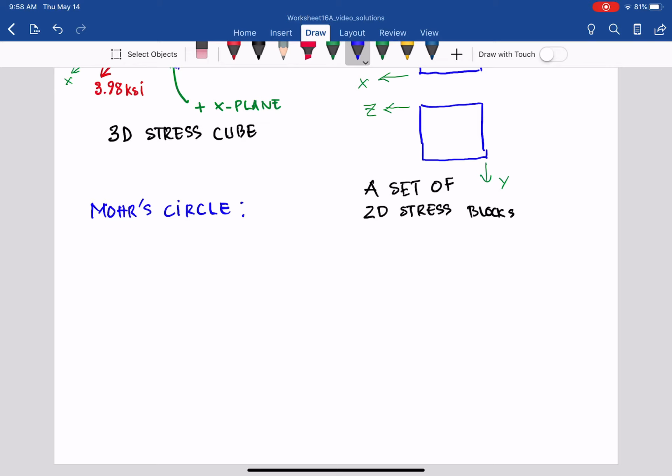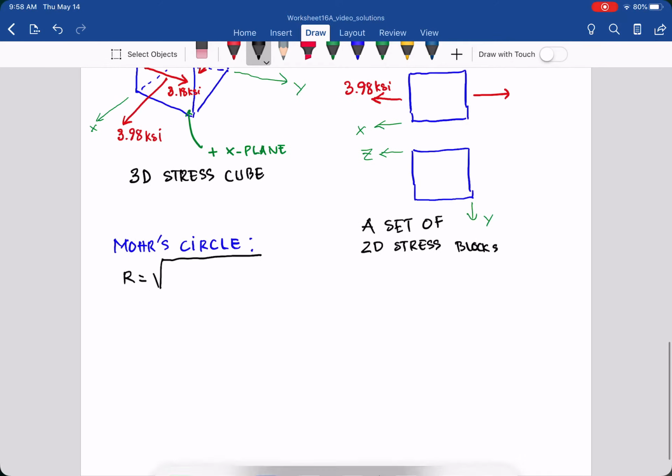So we have radius r equal to the square root of (sigma x over 2) squared plus tau xy squared. So (3.98 over 2) squared plus 3.18 squared. From that we have 3.75 KSI.